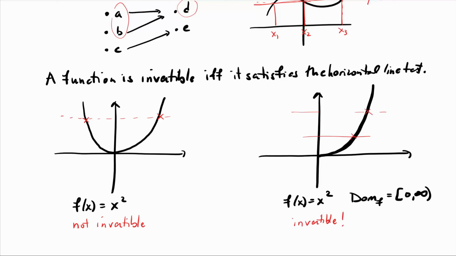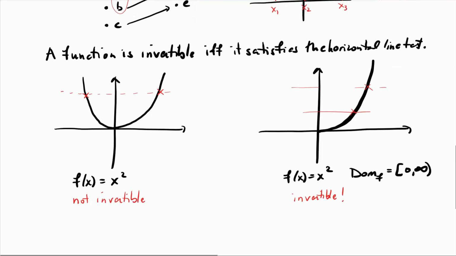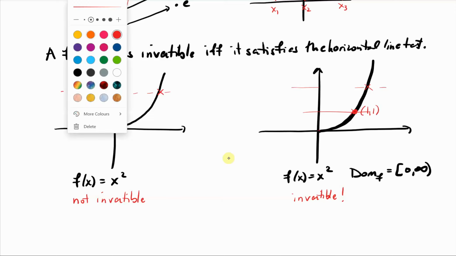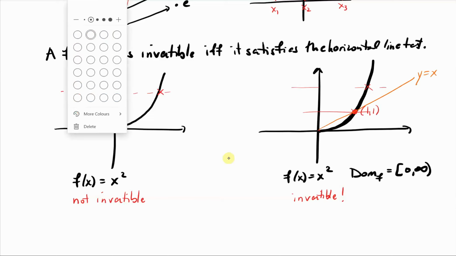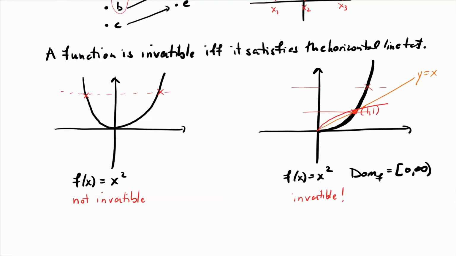So sometimes you can take a function and restrict its domain in order to get an invertible function. And by the way, if you invert that function, it's going to go through (1, 1). Let's say this is y equals x. (1, 1) stays on the graph, and when you compute the inverse function, you get this function here. And what's that function? It's the square root function.